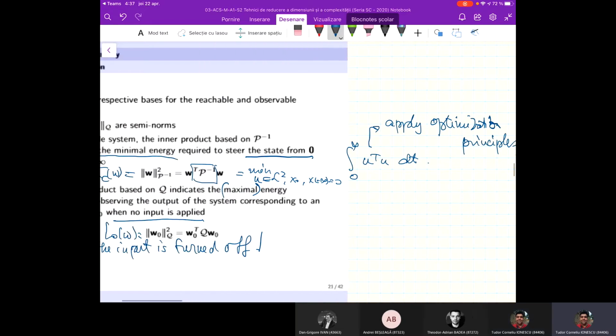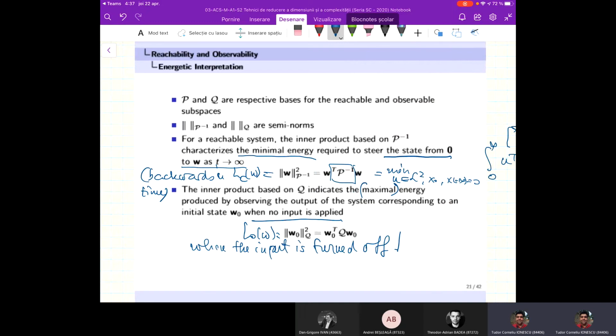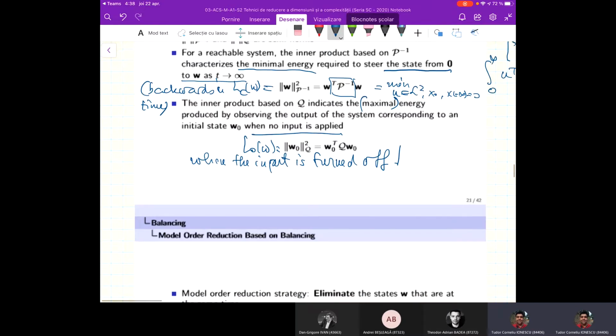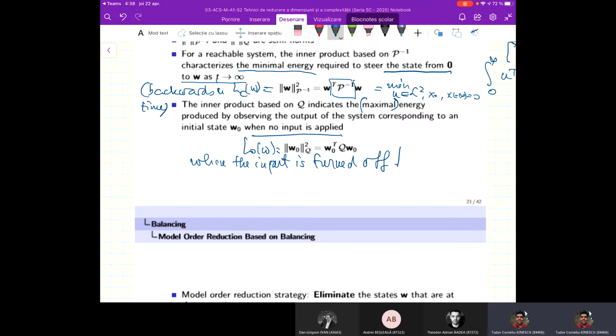We are not going to prove these things because they are not very necessary at this point, but you can find these derivations anywhere in the field.